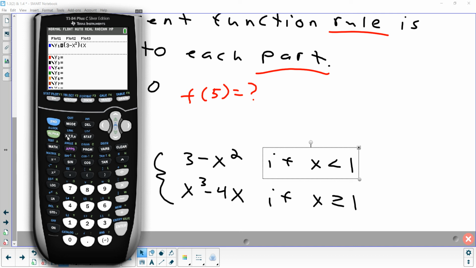X, and I don't think I've ever used the less than sign, so let me show you where it is. You press second, and you press math. All the inequality symbols are in a menu called test. Second, math. I want 5. Close parenthesis. So let me graph that and just show you what it looks like. Let's do zoom 6.